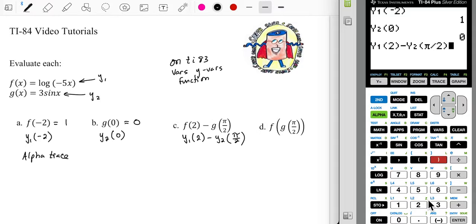Can't take the log of a negative number. It's outside of the domain. So this should give us a break. We'll see. Sine of pi over 2 is equal to 1 times 3 is 3, but we're looking at something that doesn't exist minus 3, which itself should not exist. Error, non-real answer. So we know for this one we should have no solution.